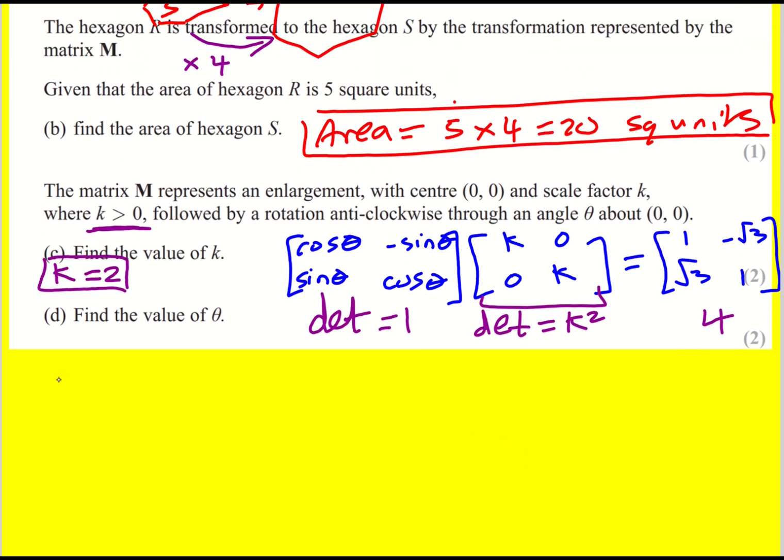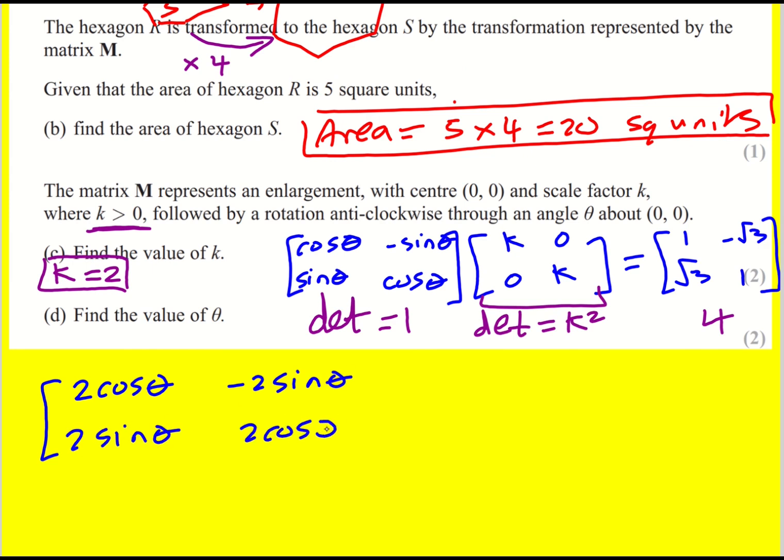So now we can just bring it together, but with the k involved. So we're going to get 2 cos theta. Basically, we're just going to times everything through by 2. 2 cos theta, minus 2 sine theta, 2 sine theta, 2 cos theta. Okay, and from this, we can construct equations.